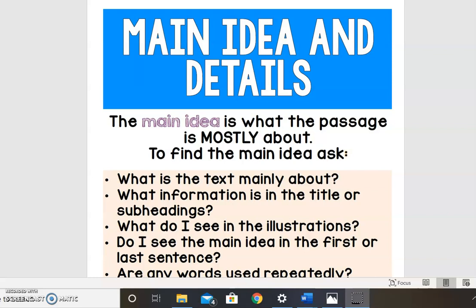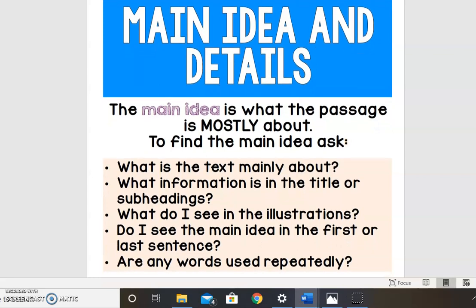a selection is. Do I see the main idea in the first or last sentence? Or are any words used repeatedly? So those last two are big tips for finding central idea. Sometimes they're found in the first, not always, but sometimes they are found in the very first sentence or even the last sentence of a paragraph or of a selection, or even a section of the text.